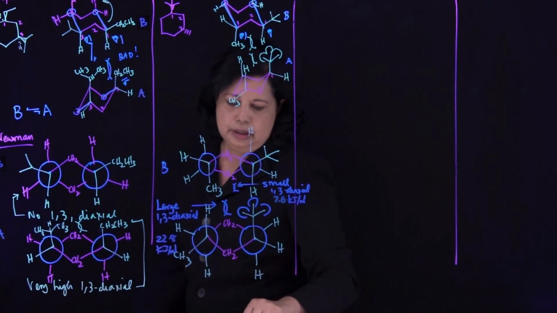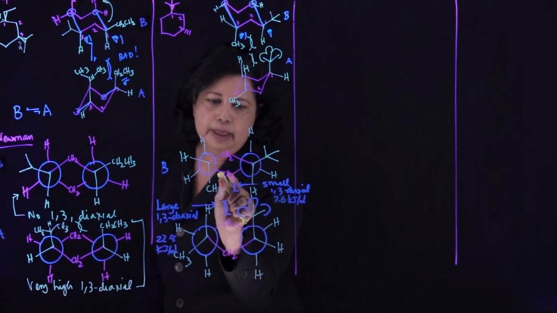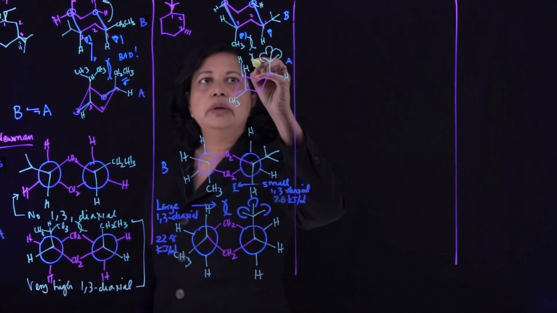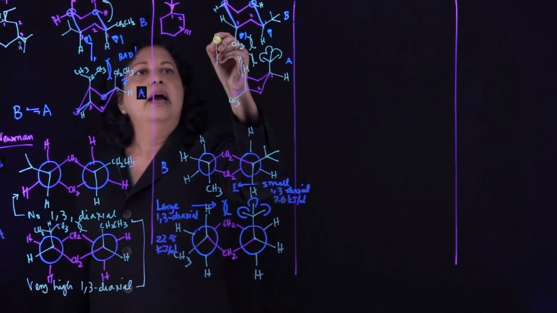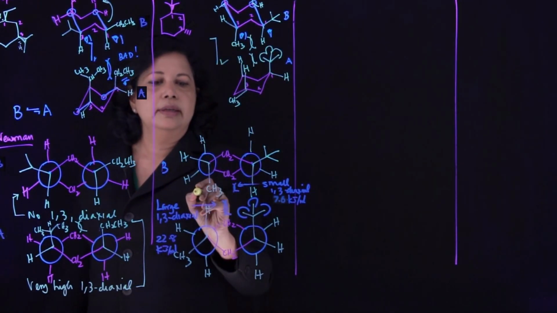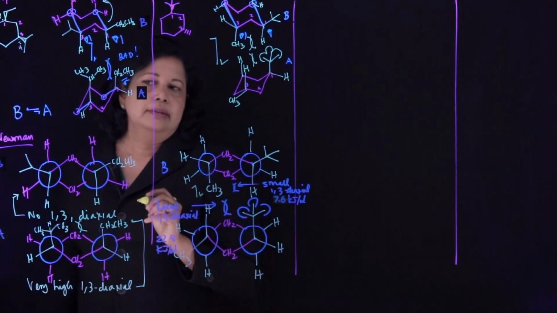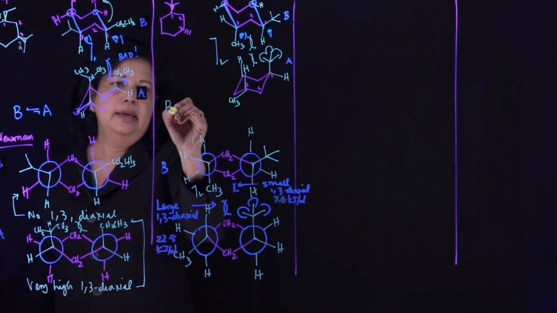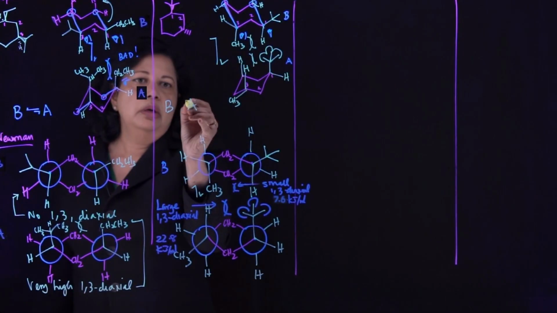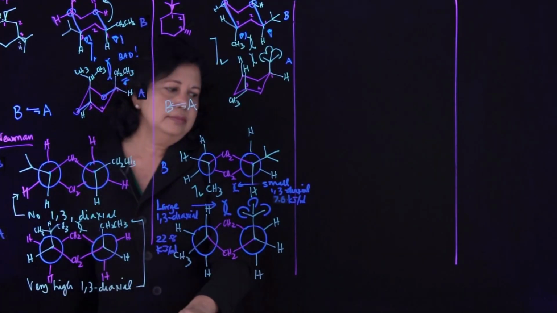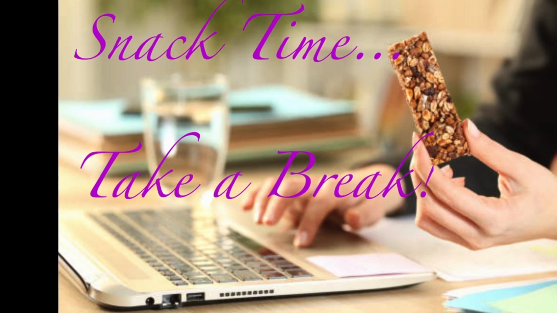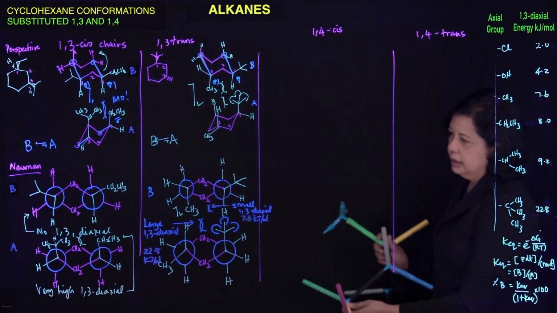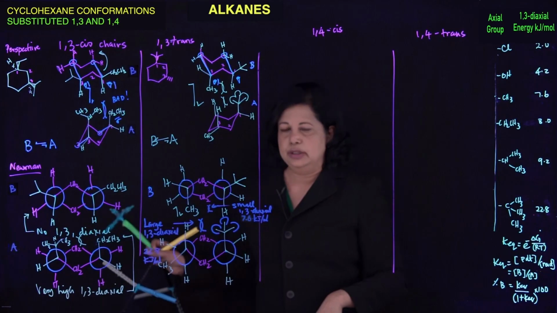So this is huge compared to this. So this is where we want to be and not here. Right, so between B and A, you want to be here and not here. All right, so that's 1,3 cis and trans.